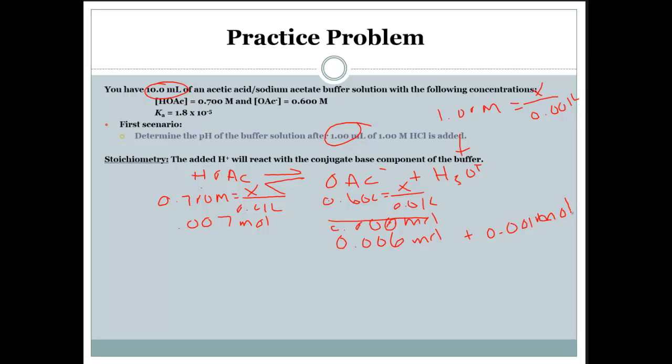Now, in that process, it's going to react with the conjugate base to produce more of the acid. So that means 0.006 minus 0.001.